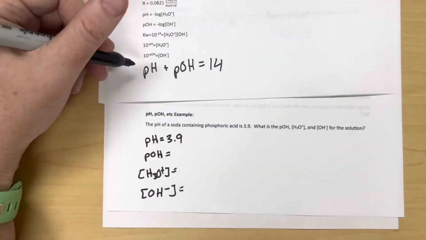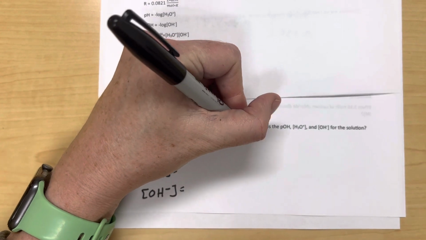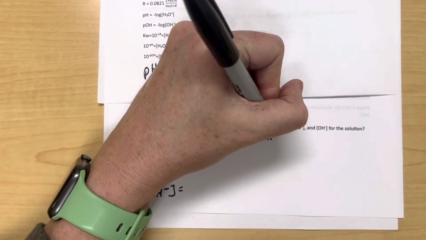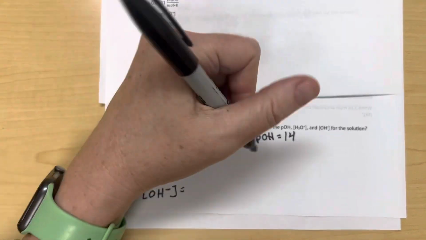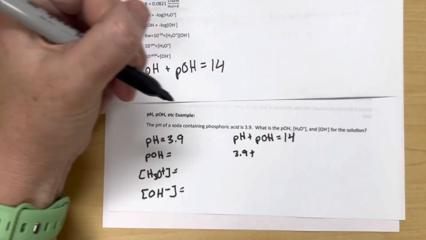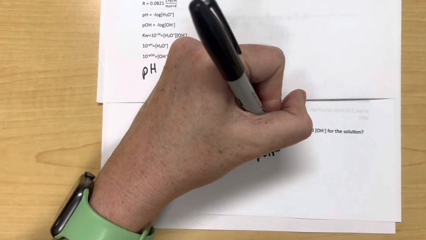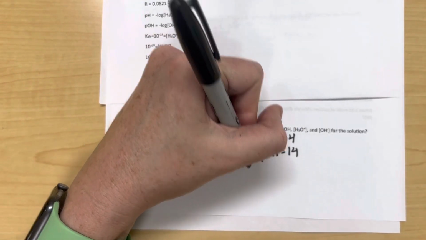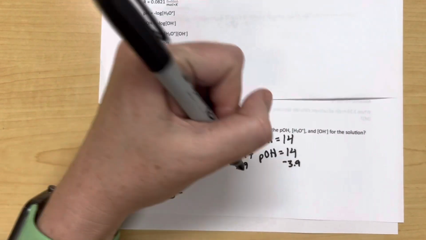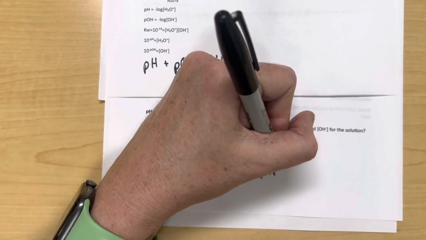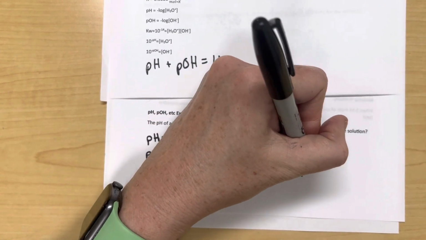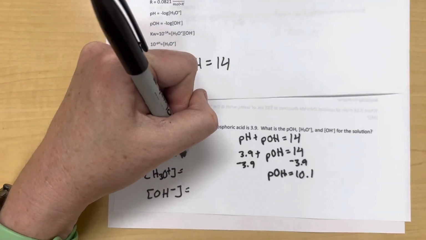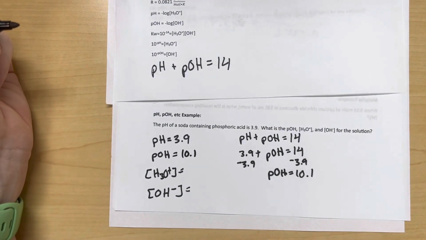We know that pH is 3.9 plus pOH equals 14. What that means is if you subtract 3.9 from both sides, pOH can only equal one thing, and that's 10.1. So pOH has to be 10.1.